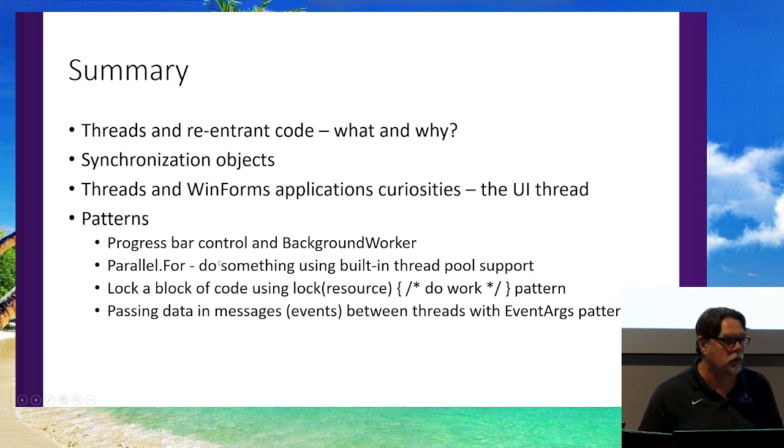The progress bar you'll probably use a lot. The background worker pattern with the progress bar is very helpful, very common, very approachable. Parallel.For is extremely powerful. It takes a little bit of work. Like I said, you need to chop your work up into smaller bite-sized pieces and then distribute them across the instance of the Parallel.For.